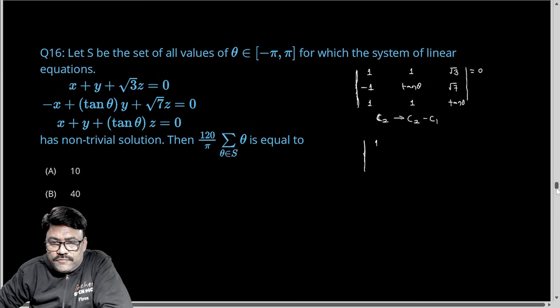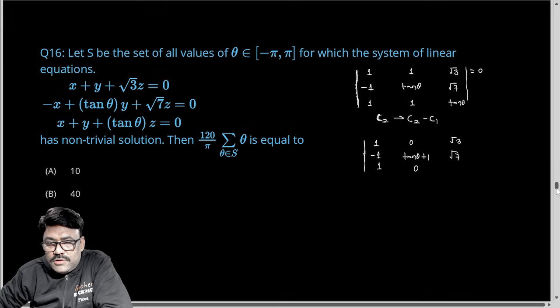I'm leaving the first column as it is, 1, minus 1, 1. Here I will get 0. Here I will get tan theta plus 1, and 0. And keep the third column the same, root 3, root 7, tan theta. In the second column, you have two zeros.